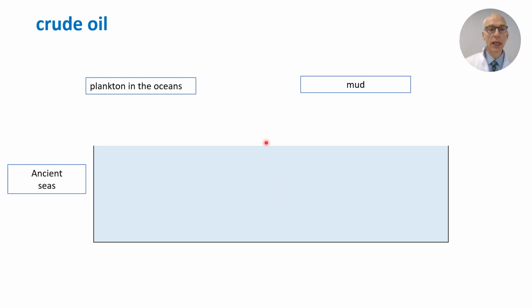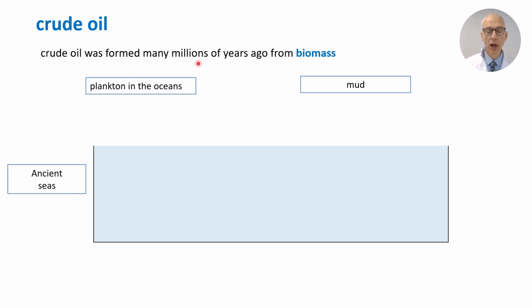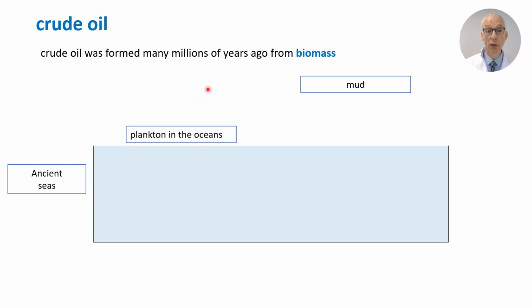The AQA specification has a very simple outline for the formation of crude oil. In ancient seas 200–300 million years ago, biomass, principally plankton in the oceans, falls to the ocean floor as a sediment.